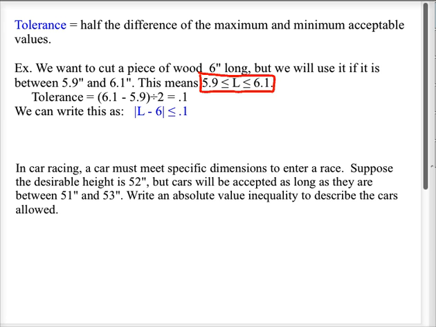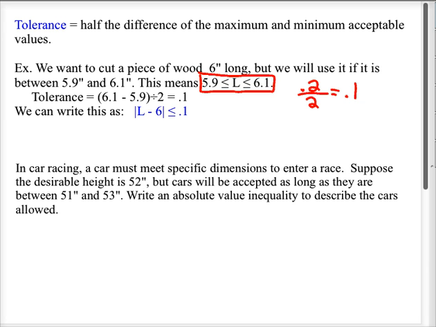However, there is kind of a cool way that we can write this. So the tolerance: these two values, the 5.9 and the 6.1, are 0.2 apart. So the tolerance in either direction is 0.1, which again makes sense.